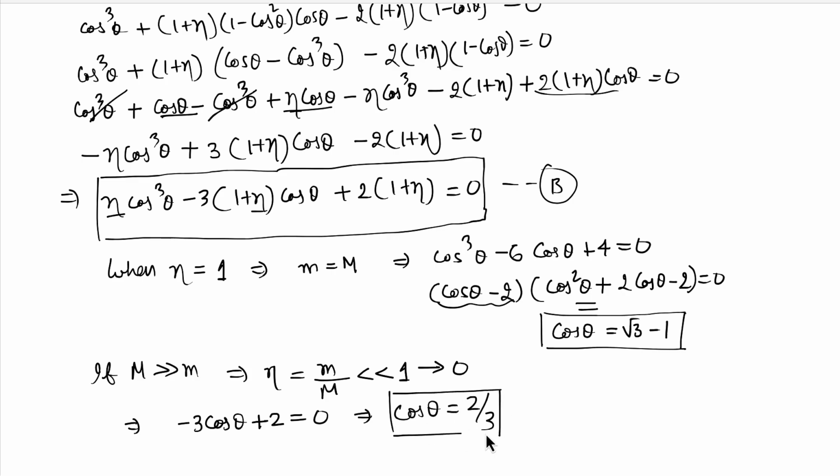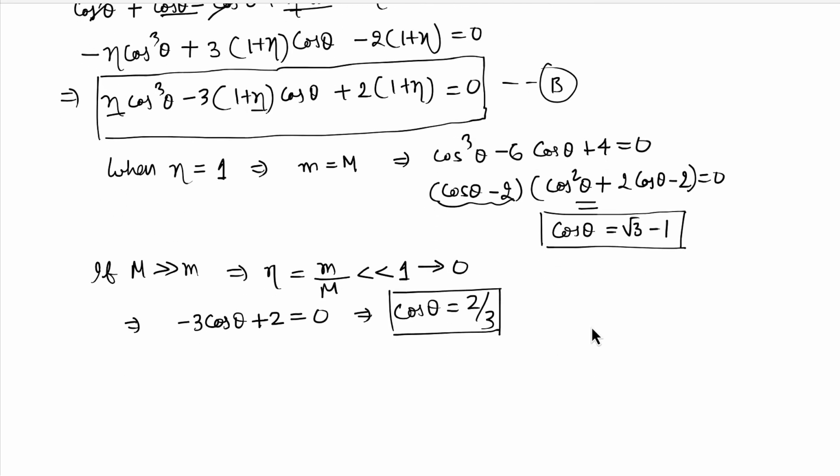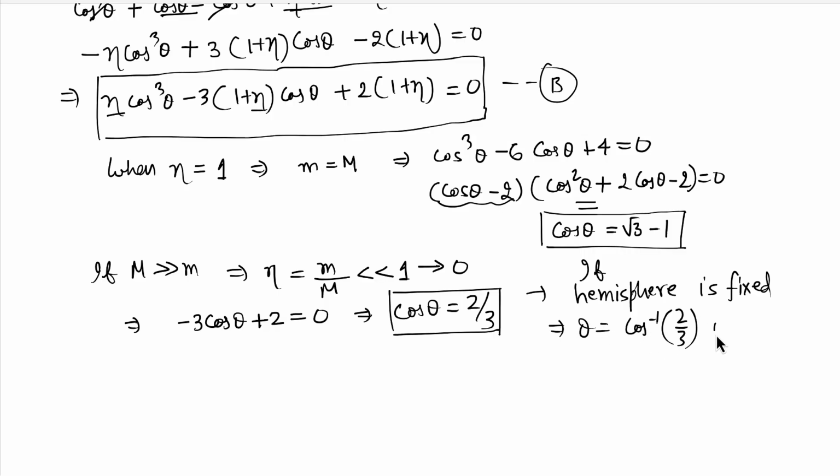And this is the case when you fix the hemisphere. If hemisphere is fixed, this problem you would have solved already. Then you get theta as the same, cos inverse 2 by 3. So this matches with our solution also. So this is the final expression for theta.